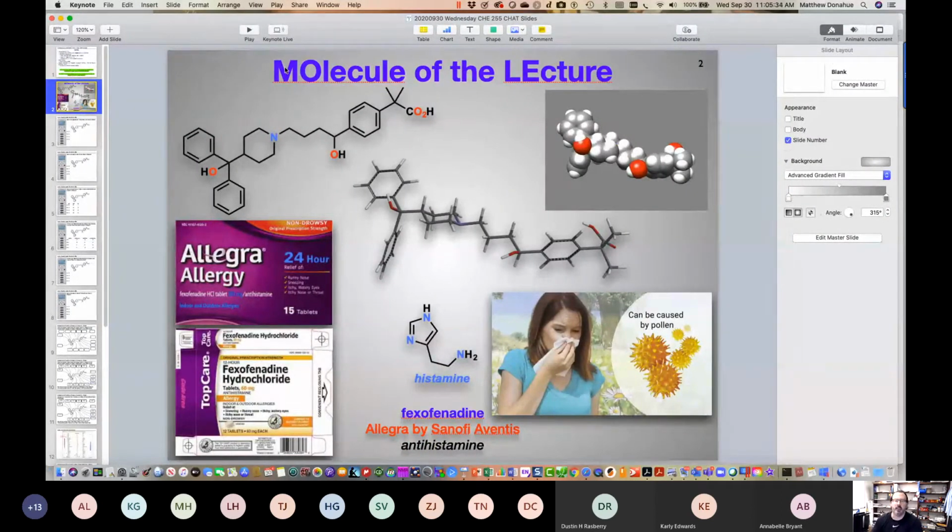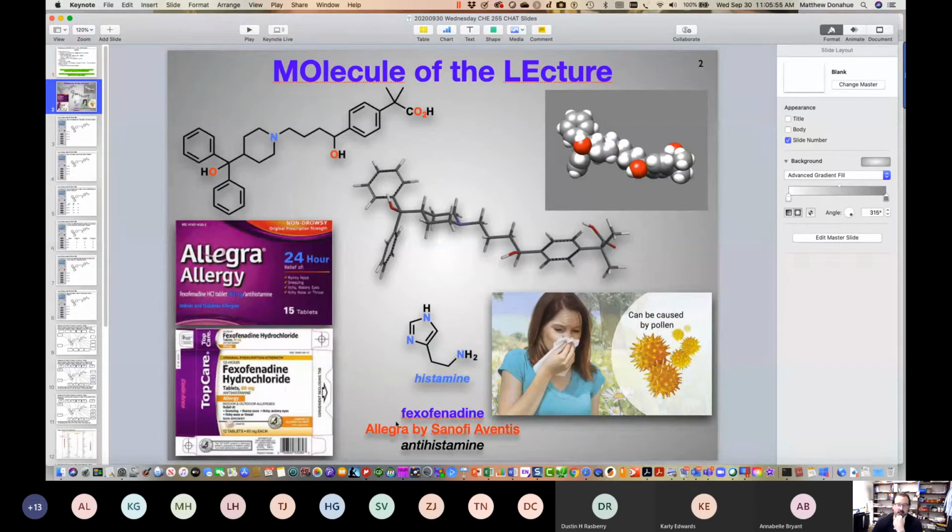So our molecule of the lecture is Allegra. This is what your standard pill box looks like. The one below it is called fexofenadine hydrochloride.